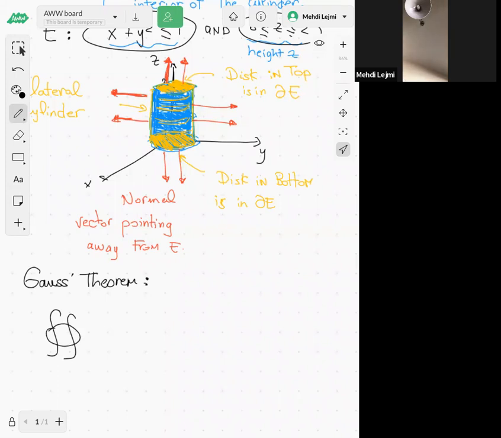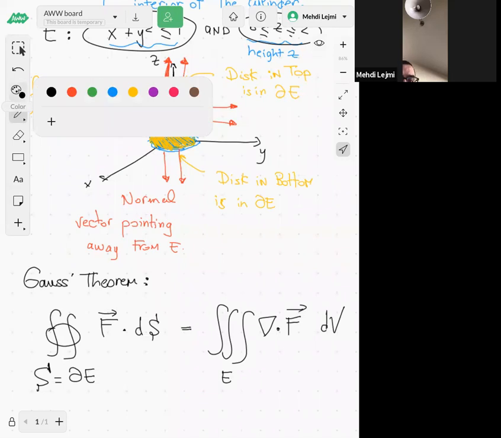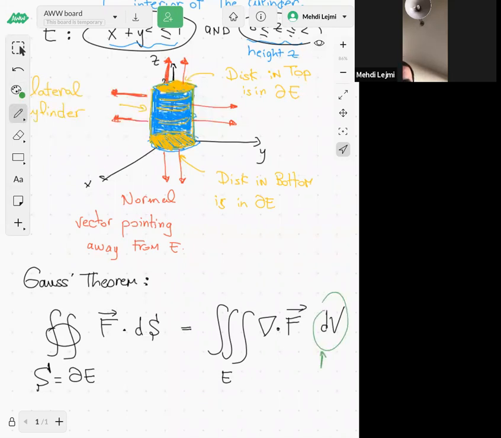You have the two-dimensional integral, the vector surface integral, or the double integral of the vector field along the boundary of the solid. This is equal to the triple integral of the divergence. Of course, this is the volume element, in other words, dx, dy, dz.